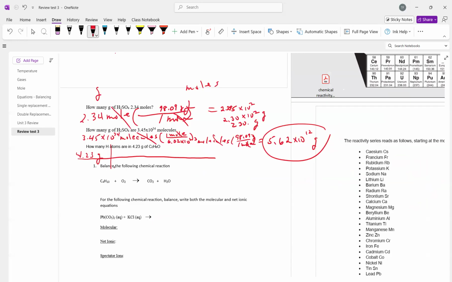So C2 is 12.01 twice. O is 16. And then 6 hydrogens at 1.01 apiece. Okay, so that's 24.02 plus 16.